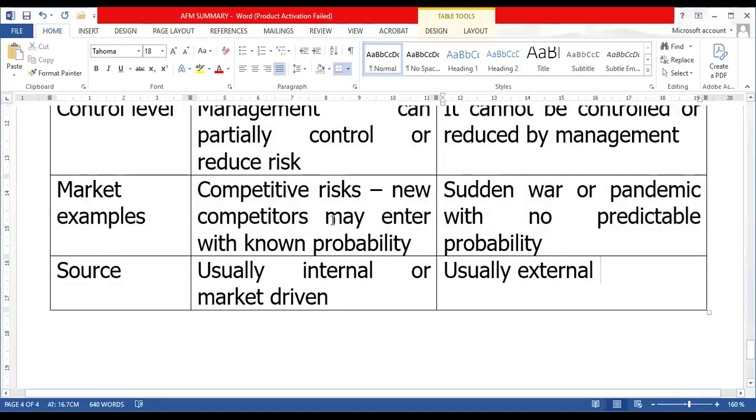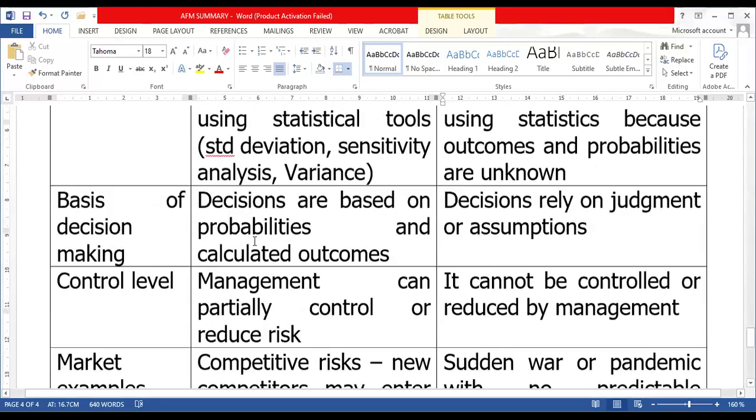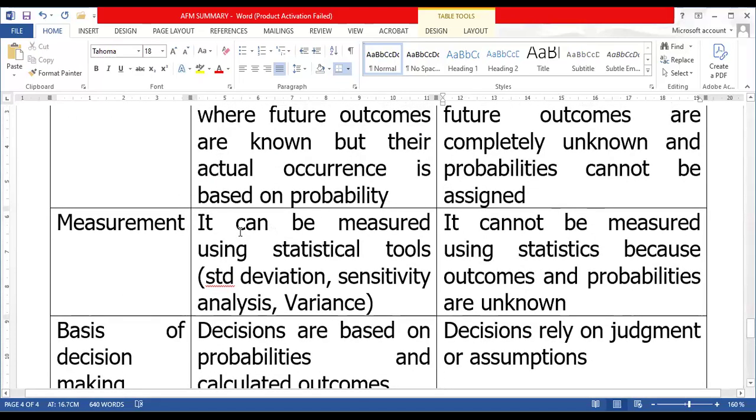For example, political shifts and technological disruptions. These days we talk about AI. Also natural disasters, the drought, the floods, among others. Those are external. So that is part A. You just put 4 points.